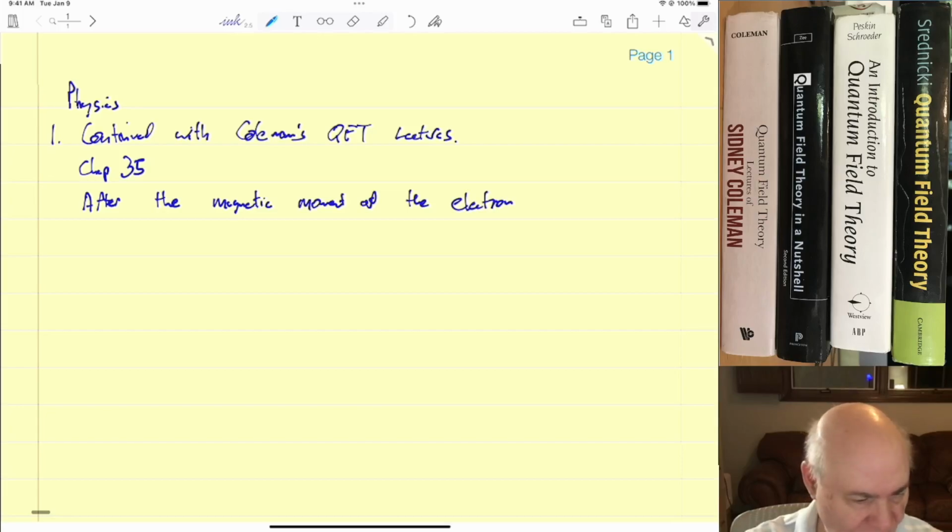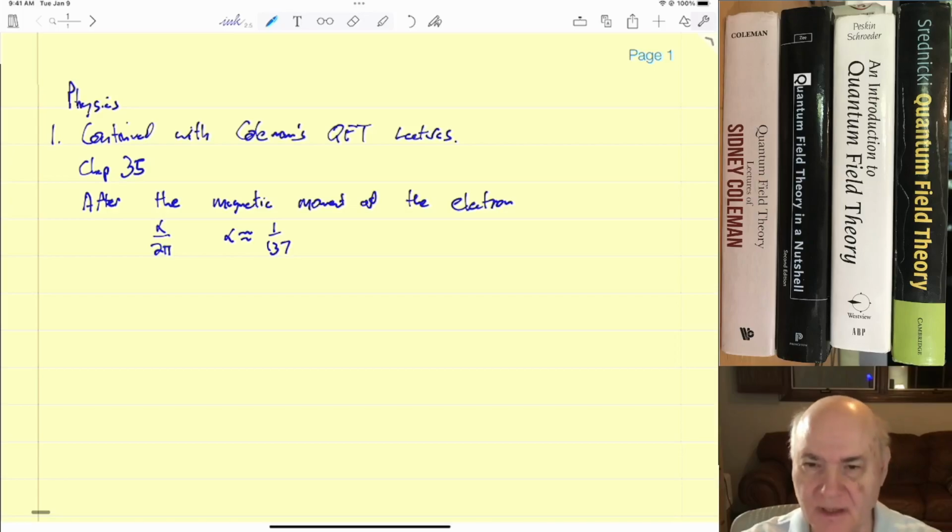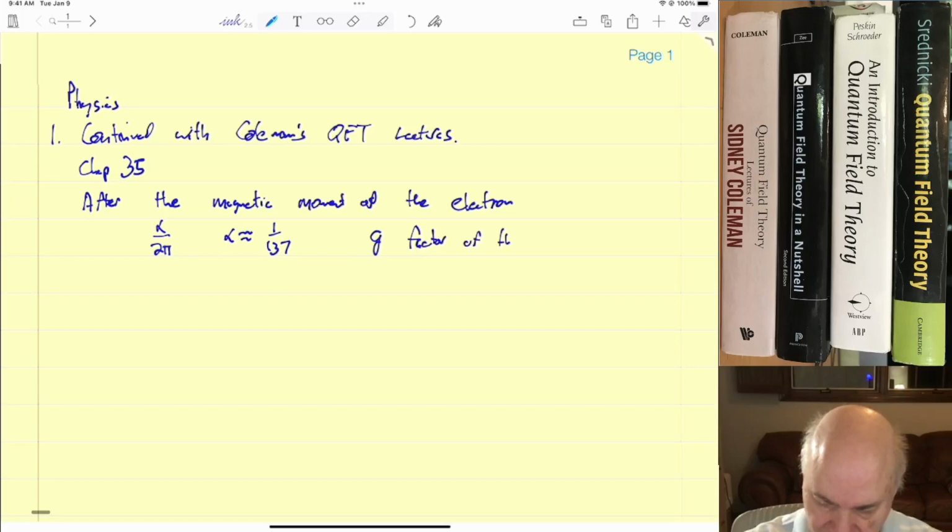The correction is like alpha over 2 pi. Alpha is about 1 over 137. So this gives you the g factor of the electron. g is about 2, and then there's this correction.